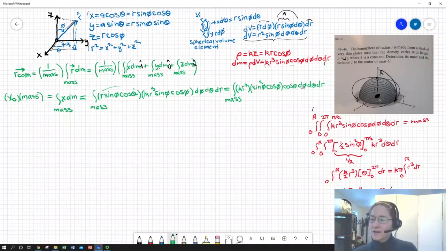And so now I'm going to go ahead and integrate that, and let's see if we end up with a zero term. So I'm going to start out with r going from 0 to R. I'm going to integrate theta from 0 to 2 pi, and I'm going to integrate phi from 0 to pi over 2.